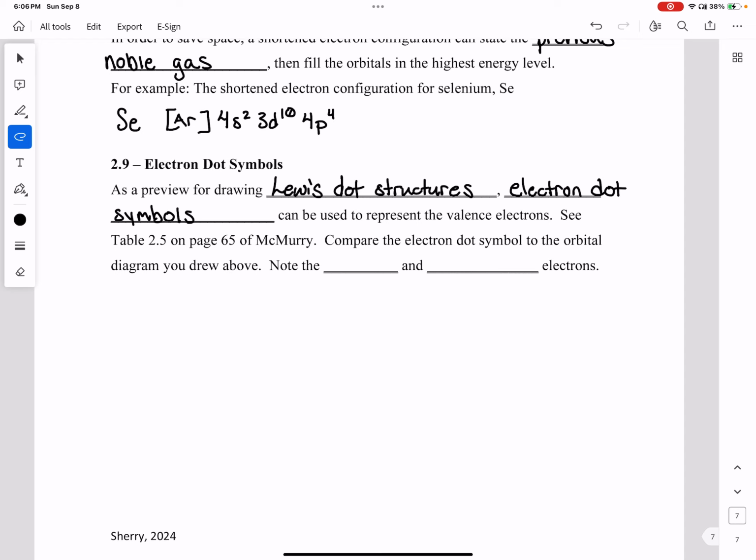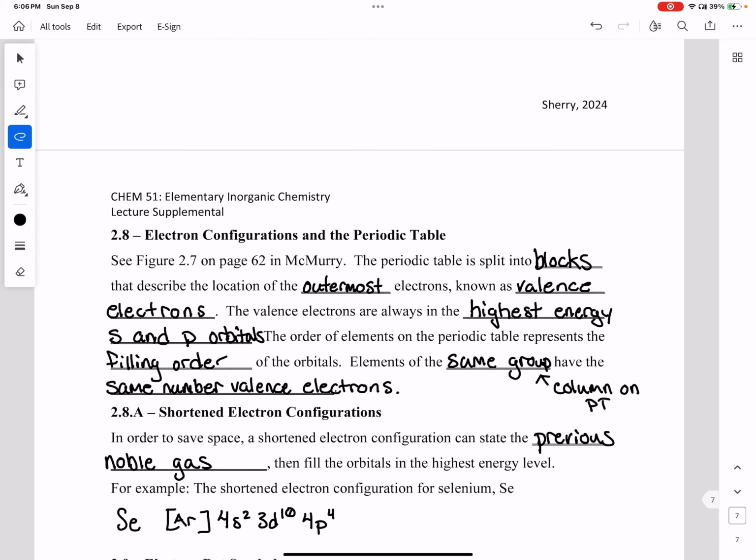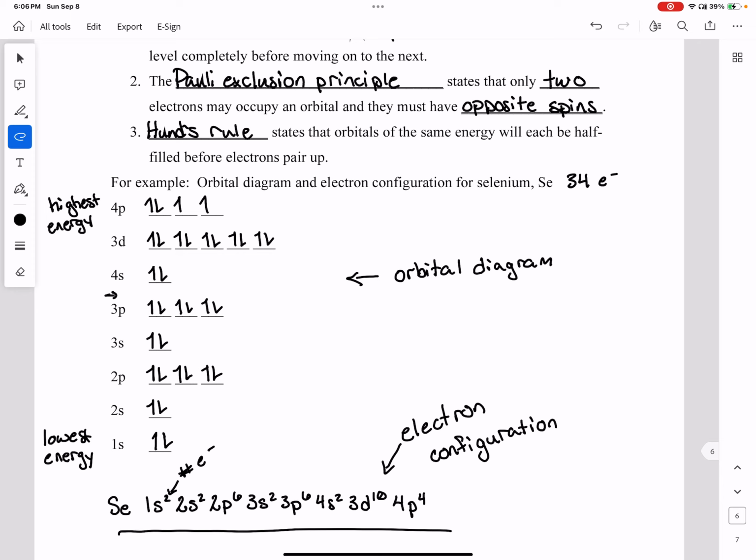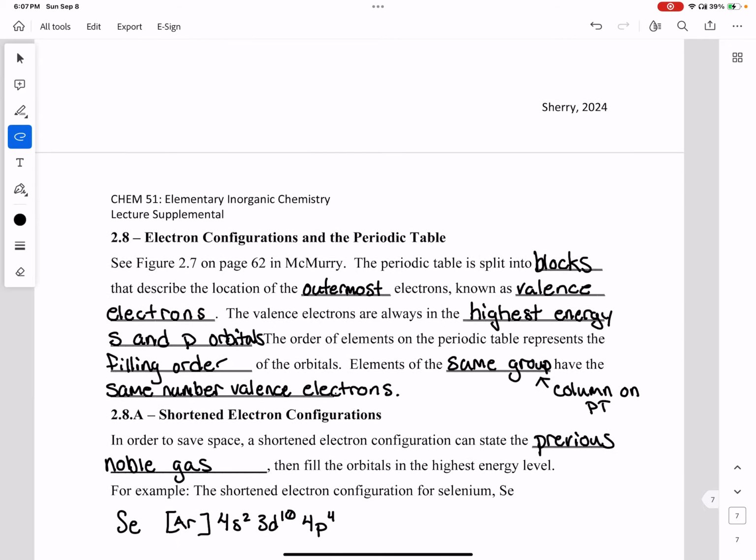So for selenium, let's look at our orbital diagram here. Our valence electrons are 4s and 4p, not the 3d. And so we are going to note the fact that I have a couple of pairs, and then a couple of individual electrons. So I'm going to represent that in my electron dot symbol.